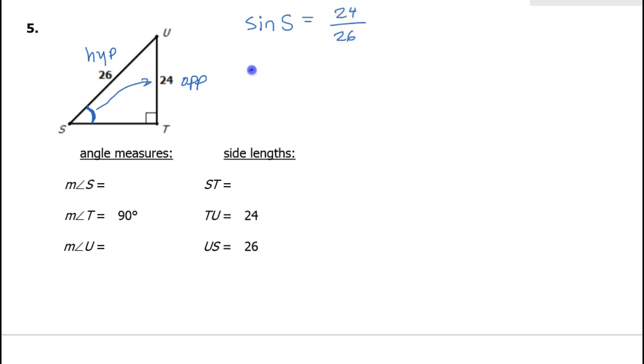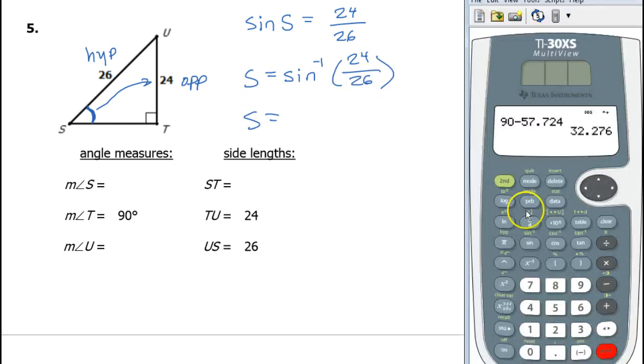If I want the angle, I need to do the inverse sine of 24 over 26. And that you can just put in your calculator. That's 67.380.